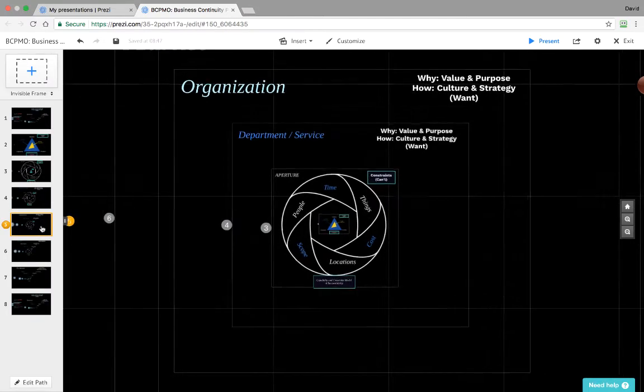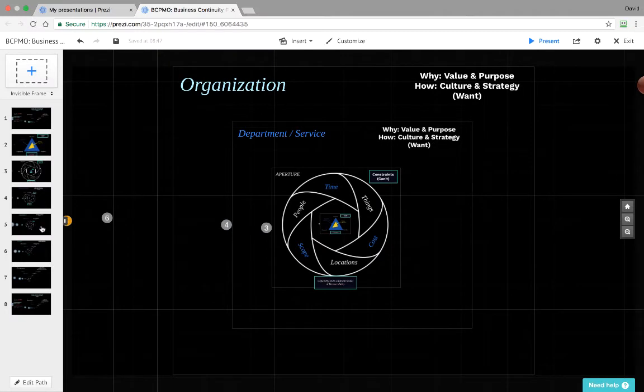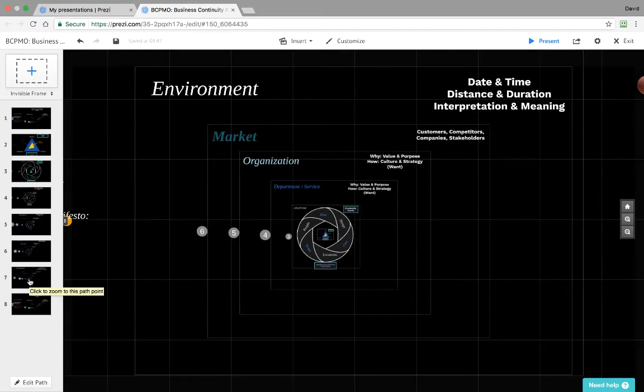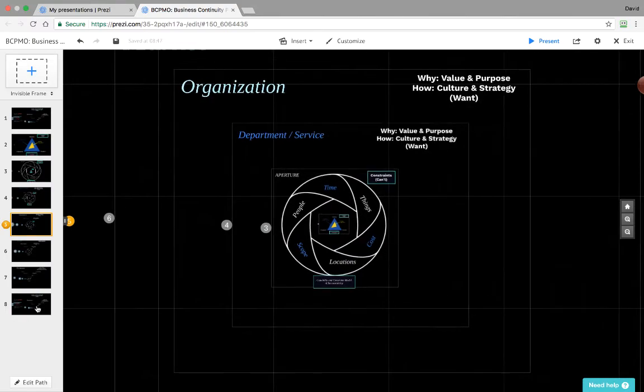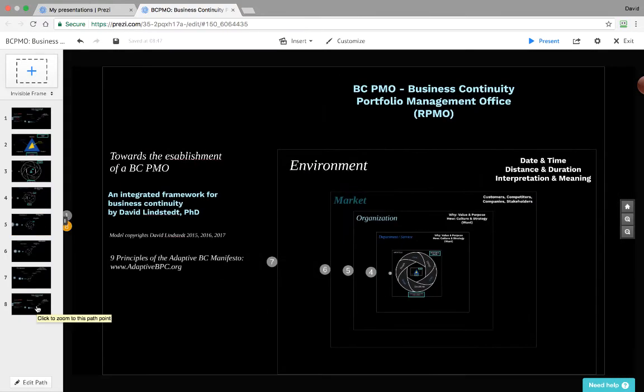And then the organization is going to have to take a look at what their value, purpose, culture and strategy are at this time. So based on the environment that has changed, the market that may have changed, what is the organization going to do? And we can see now why business continuity planning, well, let's call it business continuity portfolio management, is so complicated.